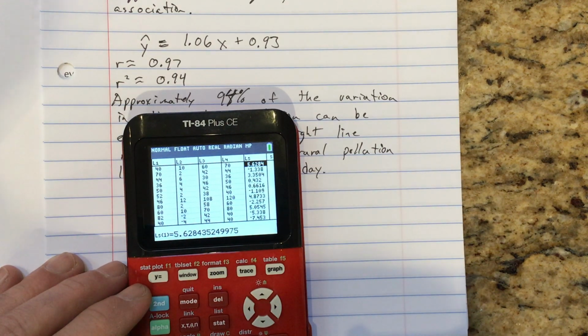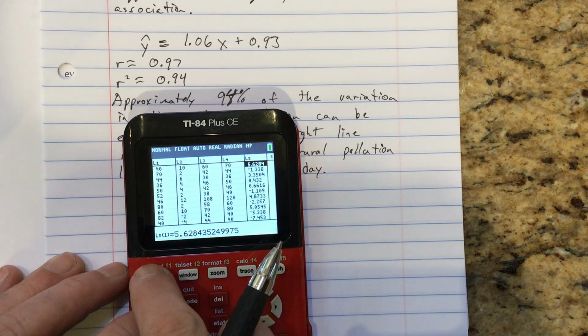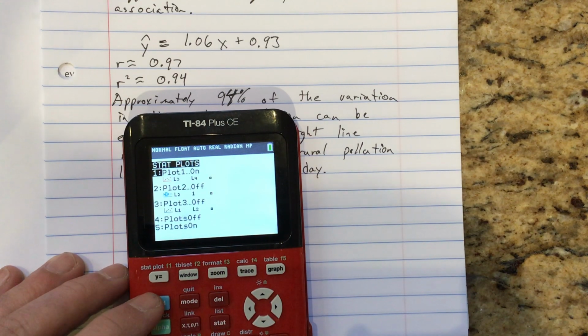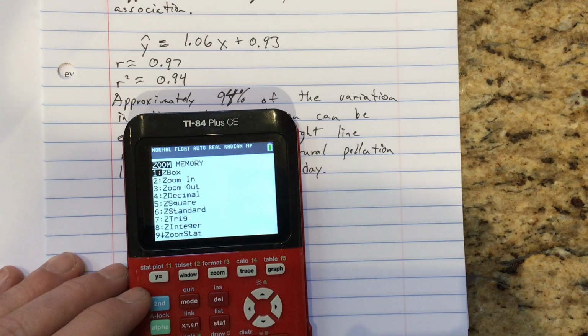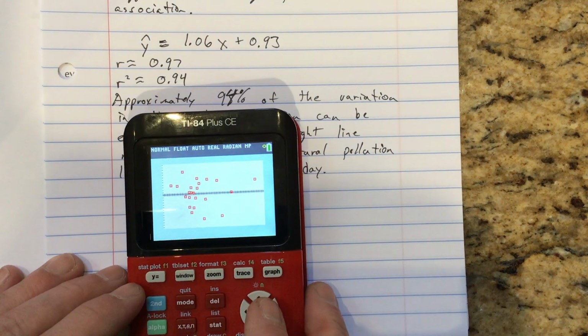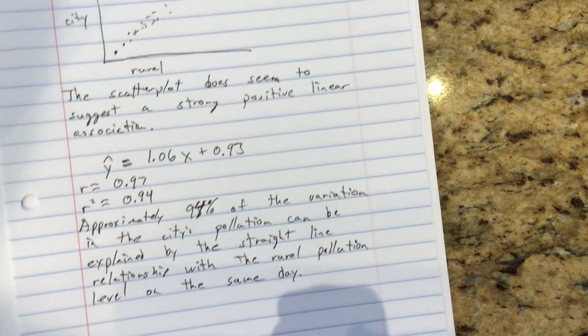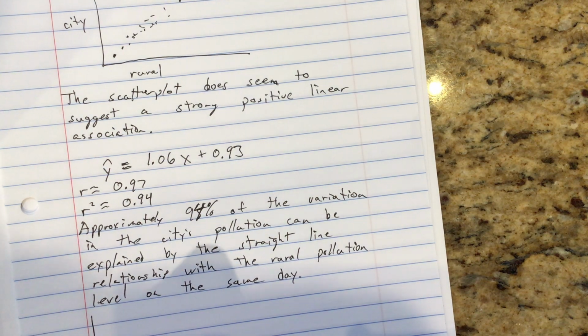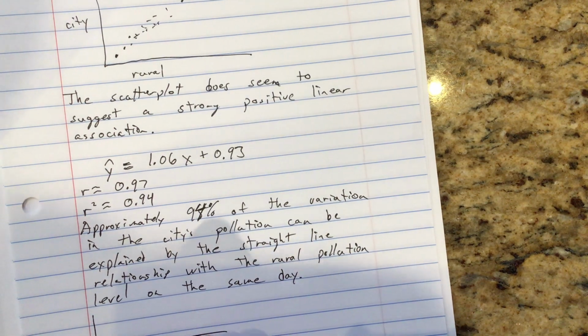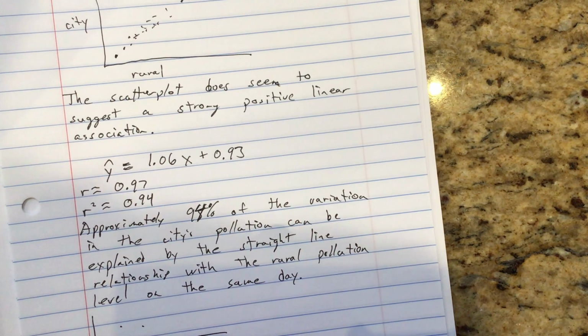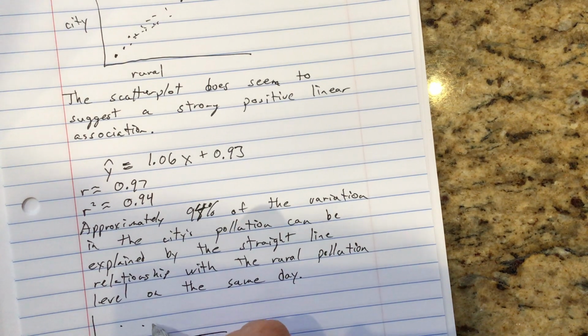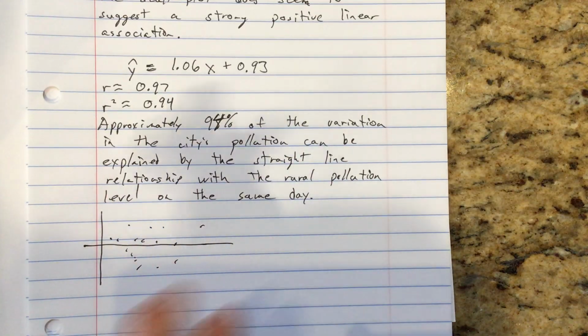Okay, so there's my residuals. Let's make my residual plot. So list 3, list 5. There's my residual plot. So I'm going to throw that on my graph real quick, on my paper. Something like that. And looks good, right?